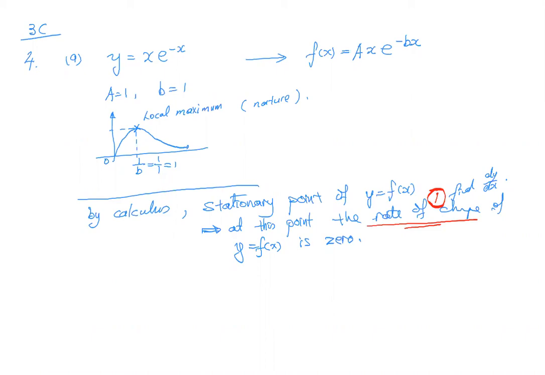Anyone need me to differentiate for you to see? No need? Okay, so I'm not going to do that. We have done that in the morning, in the afternoon, just now, 2 o'clock, right? Okay.